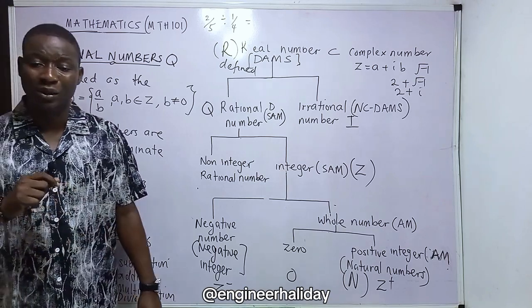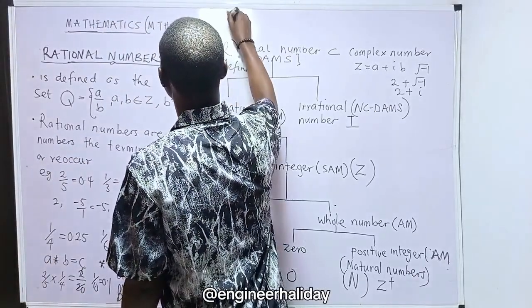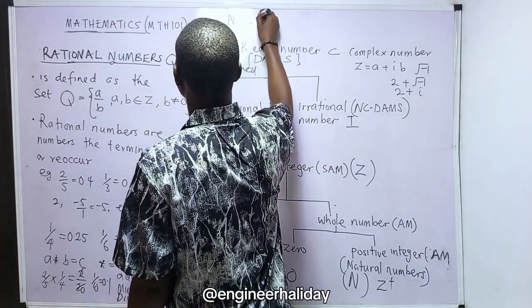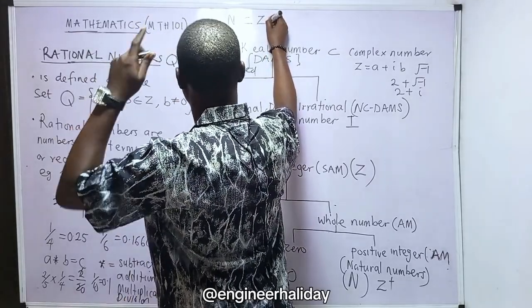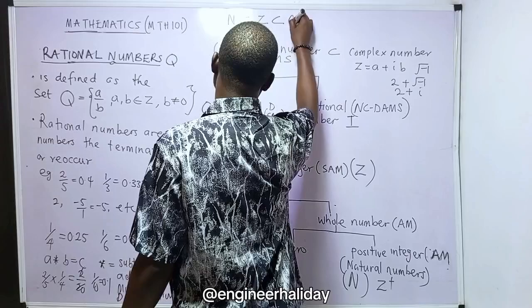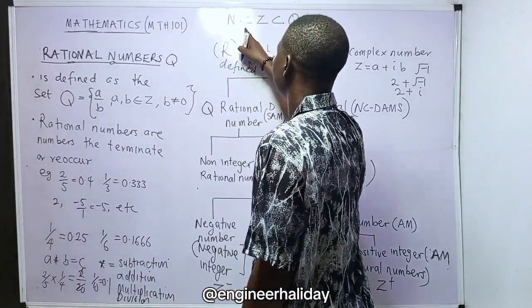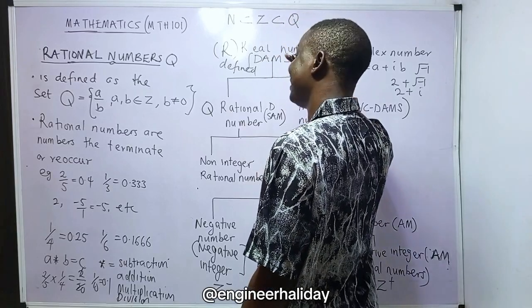Most of the time, what we know is that natural numbers are a subset of integers, which we know from class 1 and class 2, and integers are also a subset of rational numbers. So natural numbers are a subset of integers, which are a subset of rational numbers. Don't forget this.